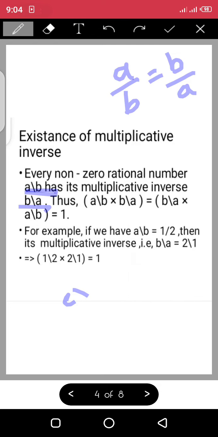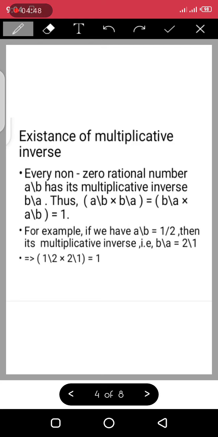Similarly, here it says that a non-zero rational number a/b has its multiplicative inverse as b/a. Thus if we write a/b × b/a, multiplying both of them, we get the answer 1. So here we have an example also.